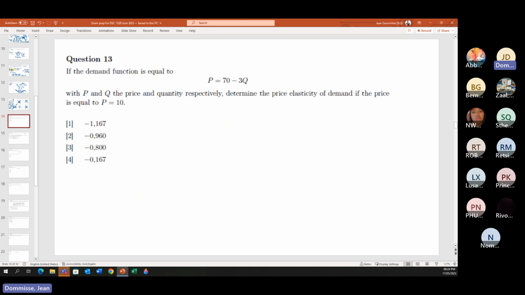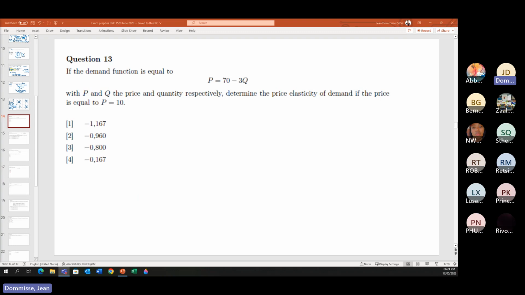Yes, there is a possibility that you can get questions that are similar to the mock exam. Were you forced to do the mock exam?